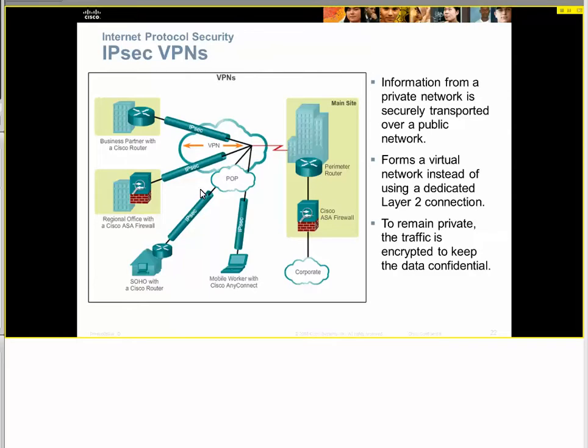By the way, IPsec is not a protocol, but a generic set of protocols, which means in theory, actually in practice as well, that as long as I follow all the rules and I know how I'm setting up both ends, I could have Cisco stuff on one side and non-Cisco stuff on the other side.